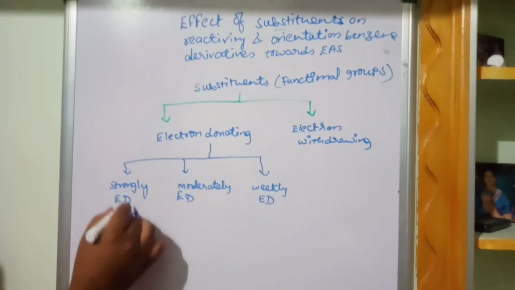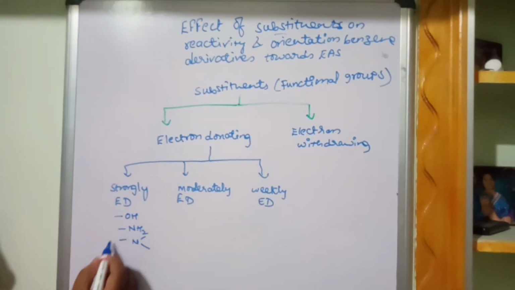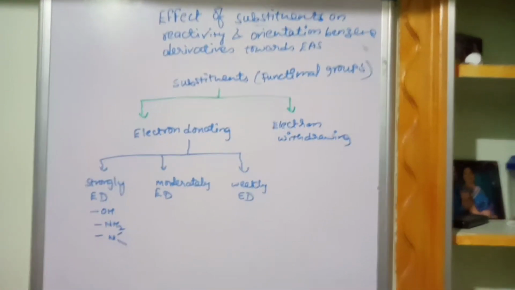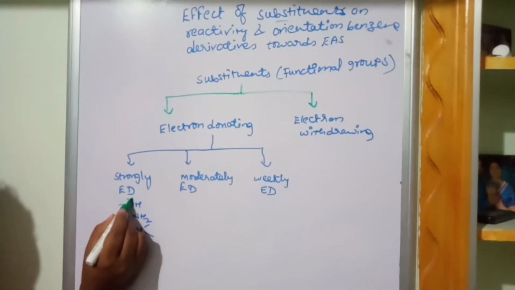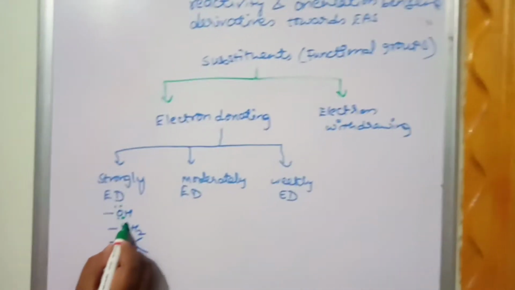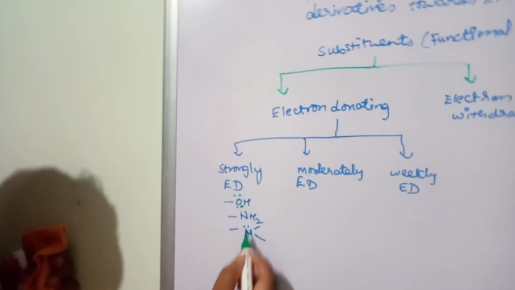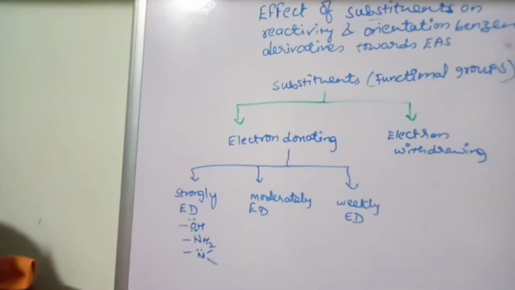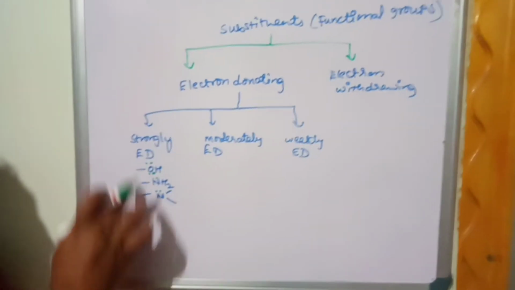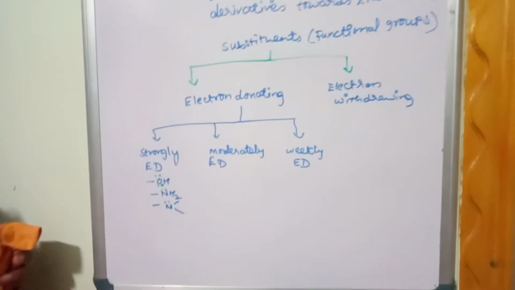All are strongly electron donating groups because on oxygen there are two lone pairs of electrons, and on nitrogen one lone pair of electrons. They are capable of donating the electrons very strongly. That's why they are called strongly electron donating groups.